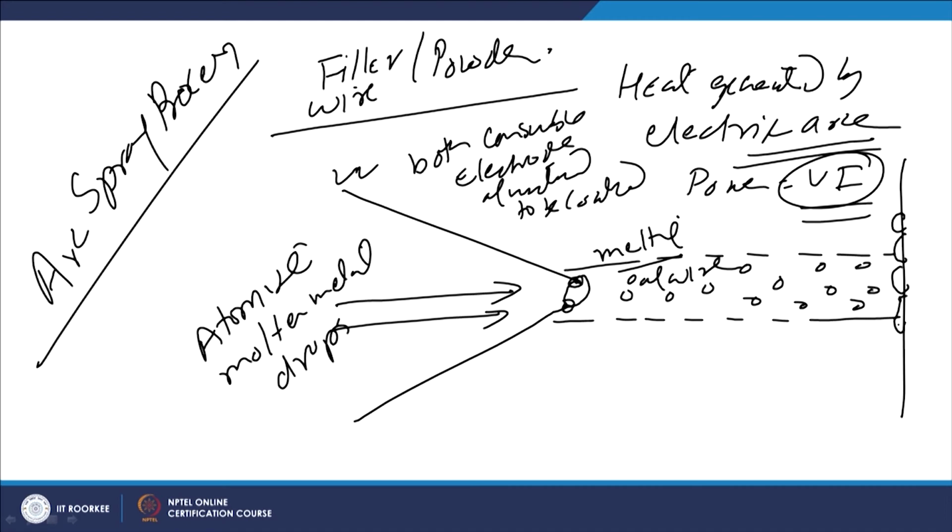After the solidification they develop in form of coating. So, basically the coating material is used in form of filler wire, an arc is established between them, then the molten metal is atomized with the help of compressed air, and the fine molten metal drops are accelerated towards the surface of the substrate, where they get flattened after impingement and eventually solidify, forming splats.